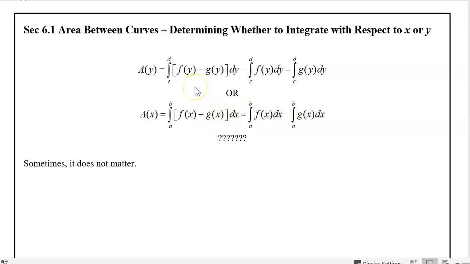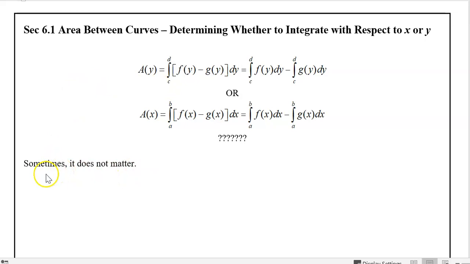If you wish instead to integrate with respect to y, you must solve the equation for x so that it is written in terms of the variable y, which you will then use in the interior part of the formula in the integrand. The limits of integration in this case become y variables.